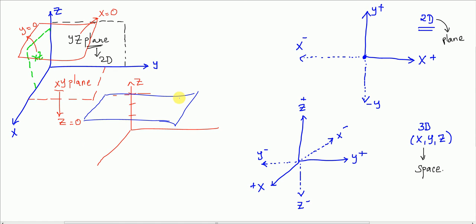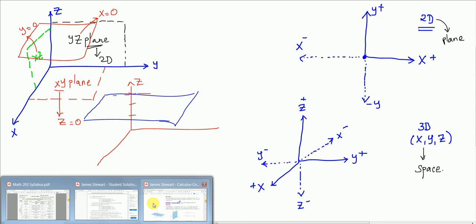This is the meaning of z equal to a constant. That's the first question.